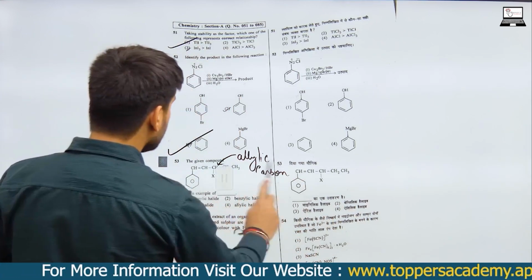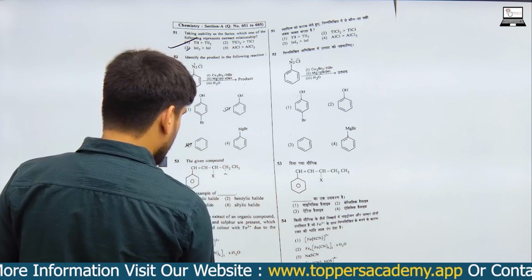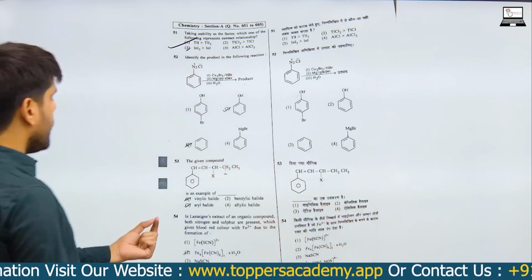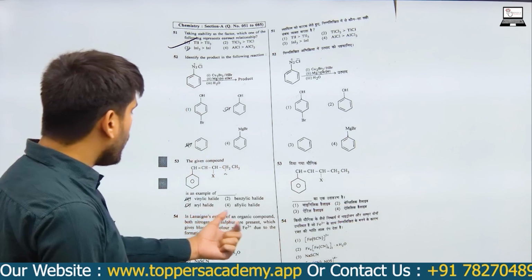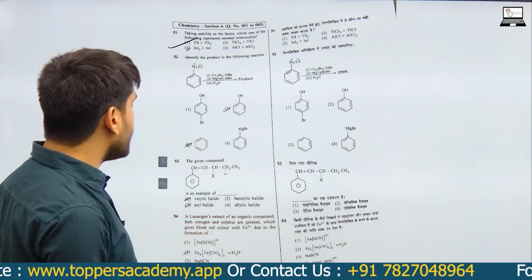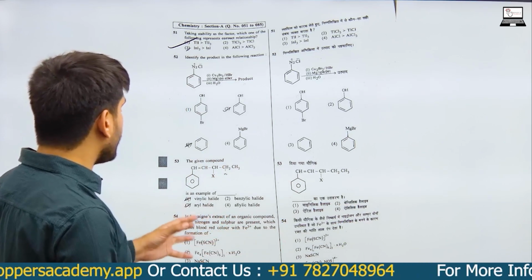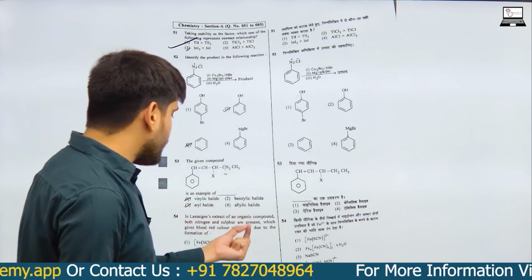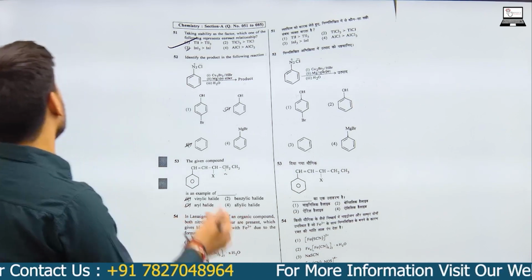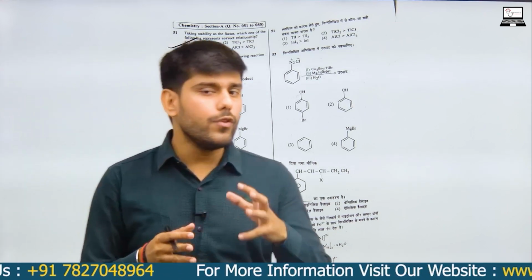Now next question. The question says that in Lassaigne's extract of an organic compound, both nitrogen and sulfur are present, which gives blood red color with Fe3+ ions due to the formation of. We know that we prepare the sodium fusion extract, right?